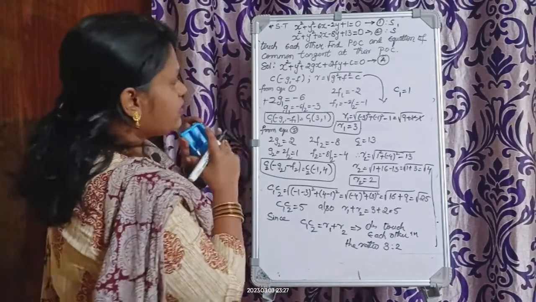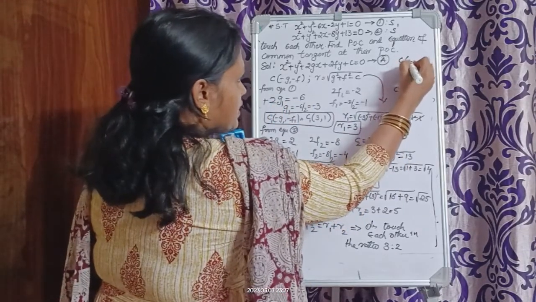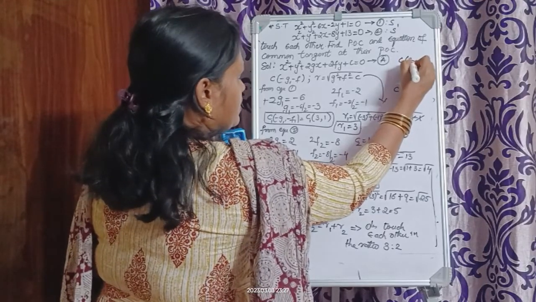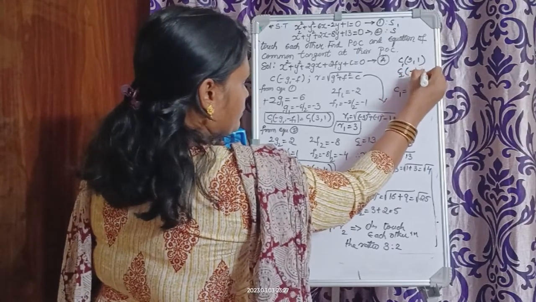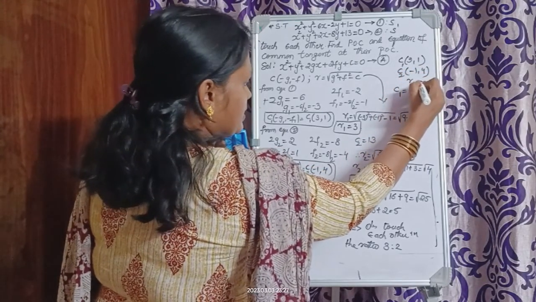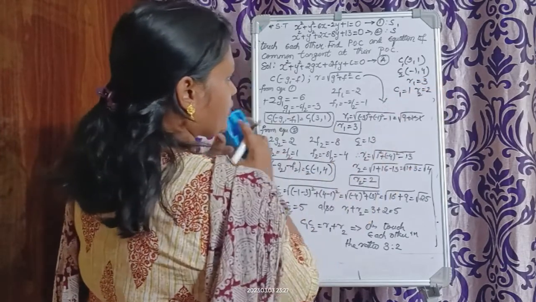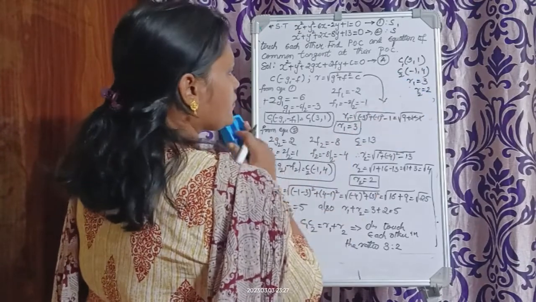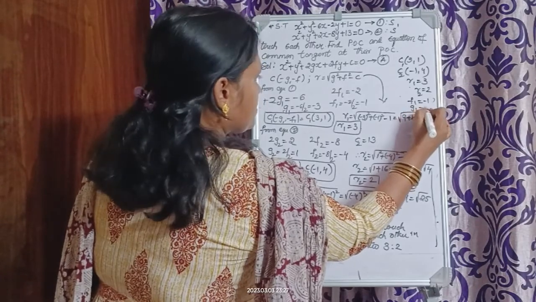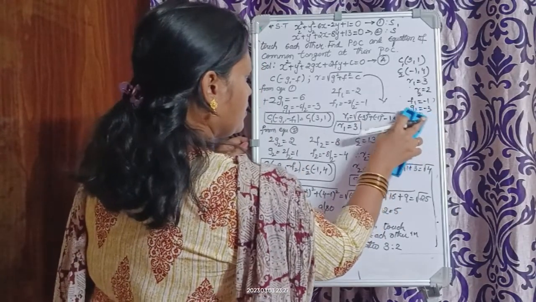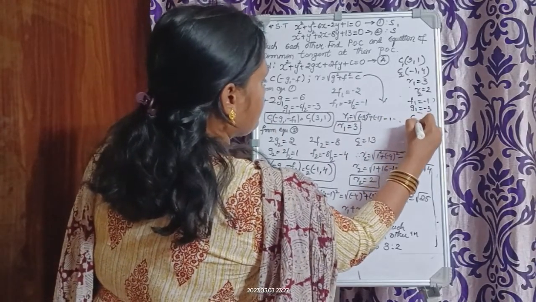For that, the formula is, I'll just write here, C1 is 3 comma minus 1, C2 is minus 1 comma 4, and R1 is 3, R2 is 2, right? And if you want, F1 is minus 1, G1 is minus 3, and c1 is 1.